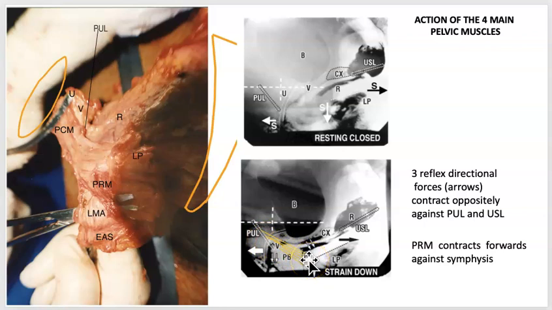Anorectal closure occurs when this contracts forwards, remember, it's behind the rectum, the anus and the rectum here. So when that contracts forwards, the backward muscles rotate the rectum around the puborectalis to close off the anorectal angle. And that is, in fact, the closure mechanism for the rectum.